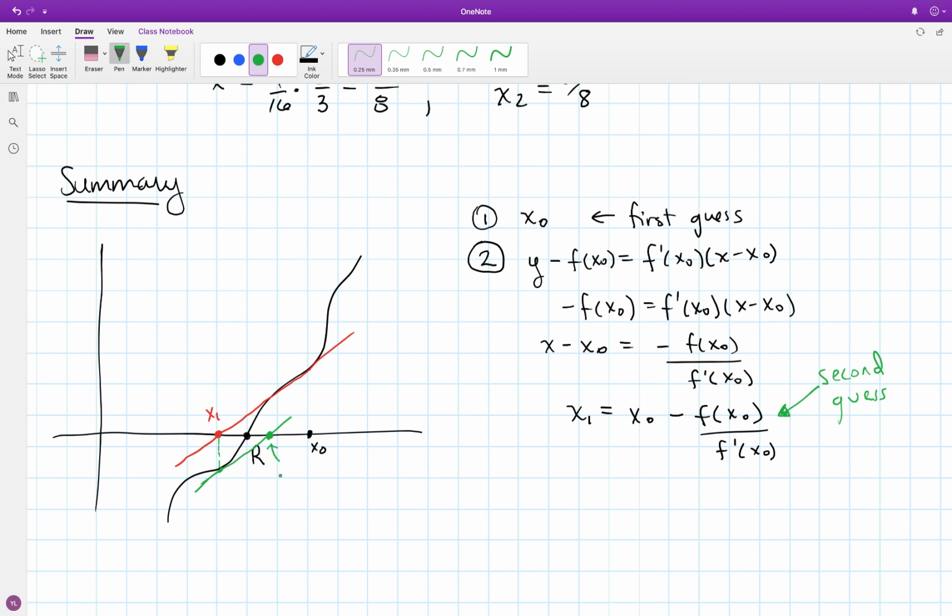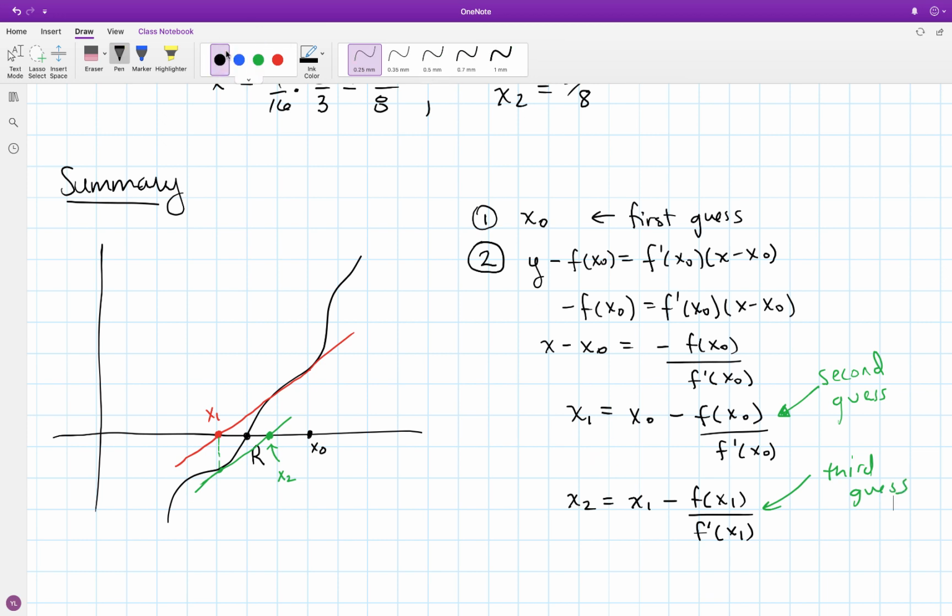So this right here is my further improved guess, and so on. I don't need to do this math again. I can see how it's going to play out. x2 is going to be what results from setting the tangent line at x1 equal to 0, and the algebra plays out exactly the same way, so this becomes my third guess.